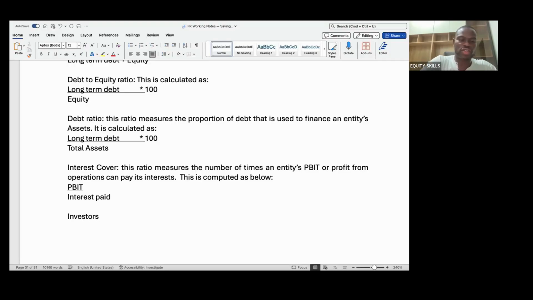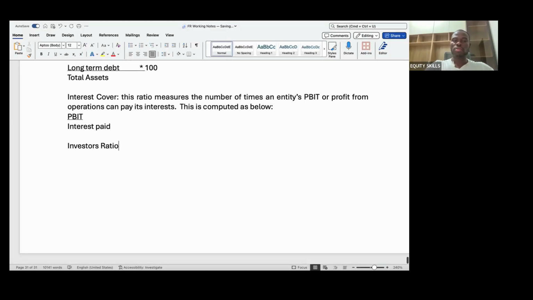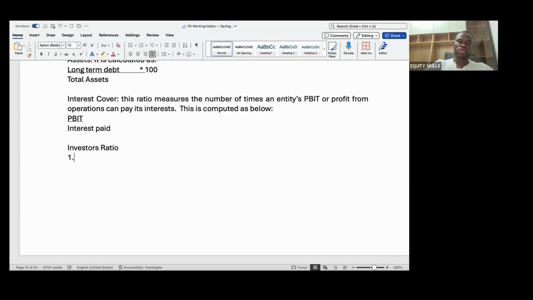And we have investors ratio. These are from the name. It is useful to investors. And the first ratio here that I want to look at is dividend per share.